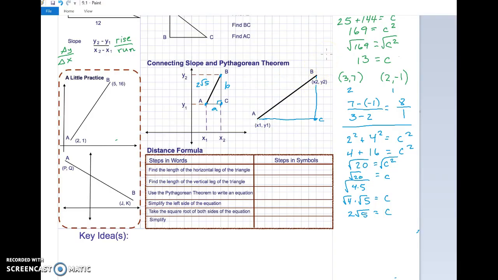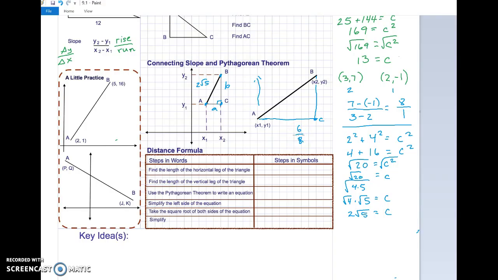Well, the slope of AB is rise over run. So we went from this point right here, down here, and we went up 1, 2, 3, 4, 5, 6. So we went up 6, and we went over 1, 2, 3, 4, 5, 6, 7, 8, so over 8.